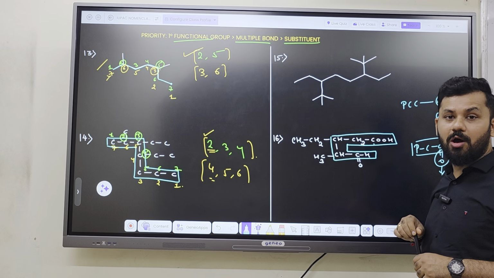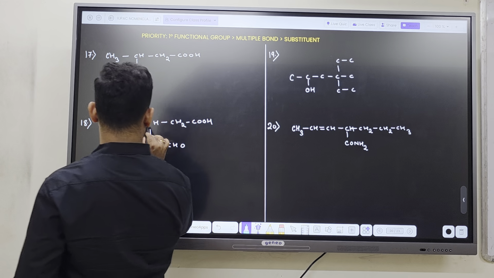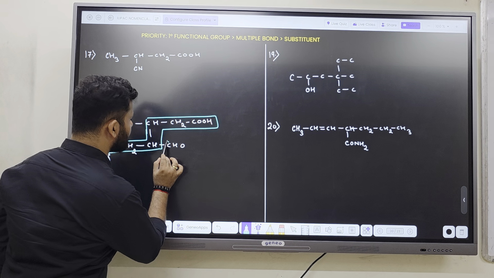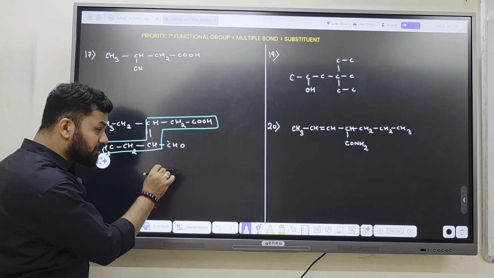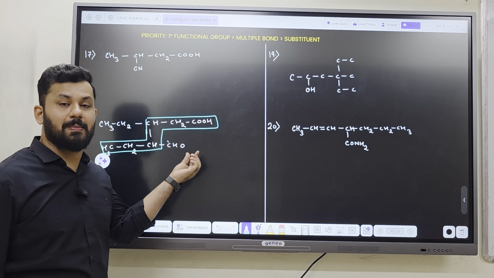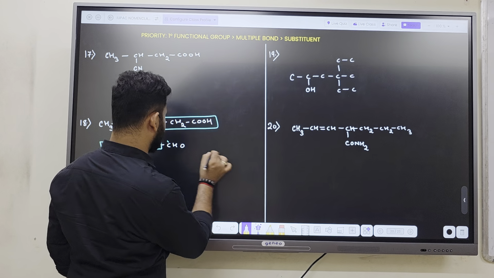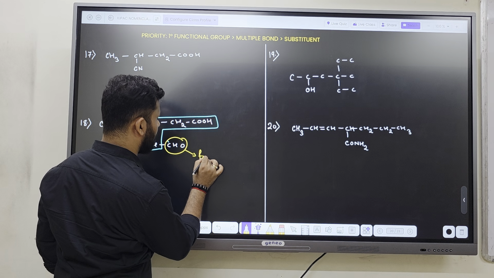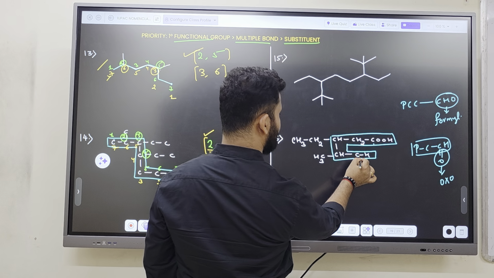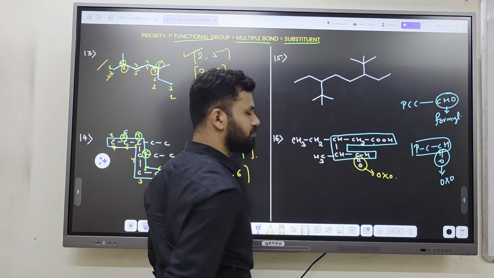Therefore, this substituent is called oxo substituent. Whereas, if I had to select this particular carbon chain over here, then this CHO is left out. So CHO could be a part of PCC or it could be outside PCC. If CHO is outside PCC, the name of this substituent would be formyl. Whereas if CHO is included in PCC, the name of this substituent would be oxo. Anyways, let's proceed.